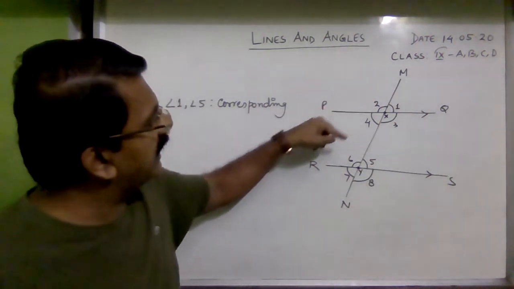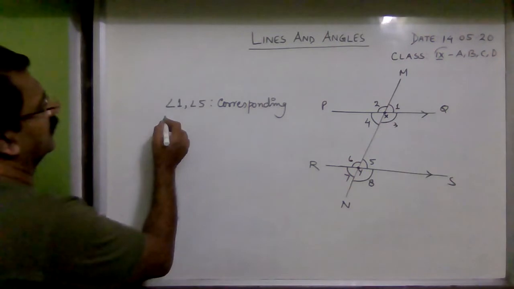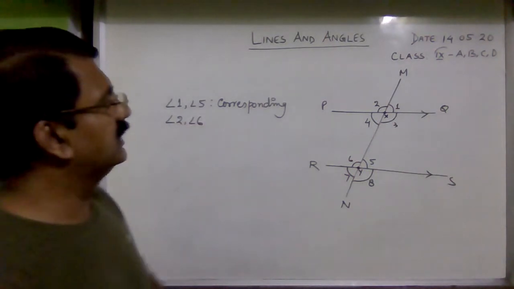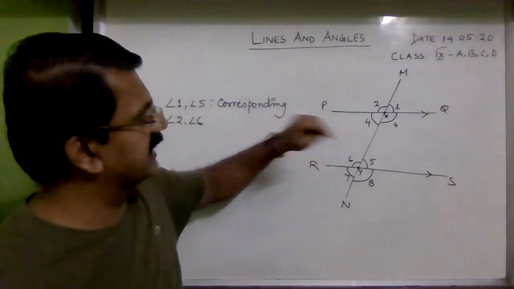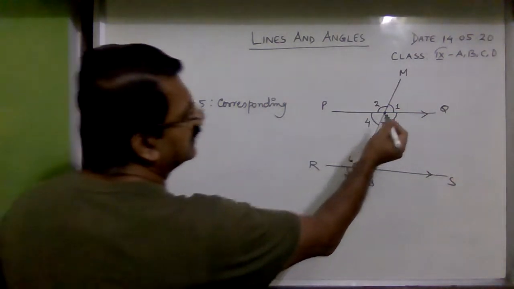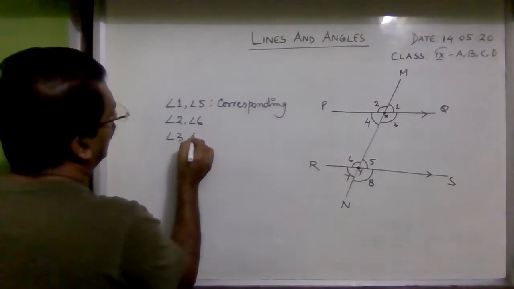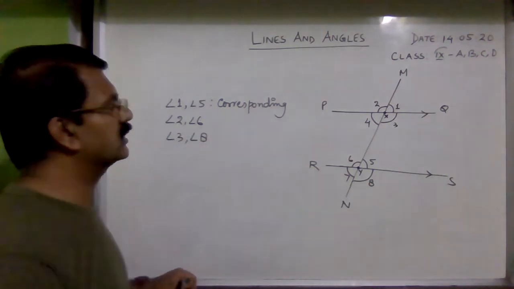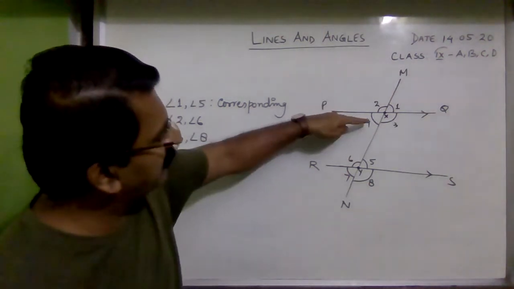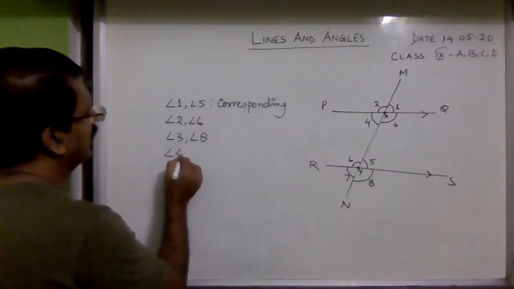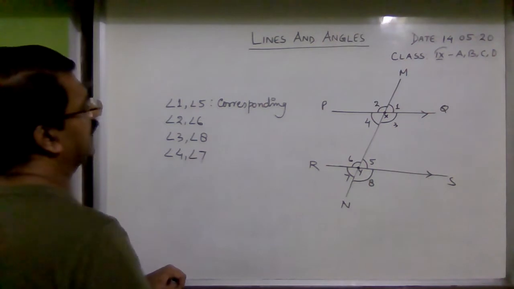Similarly, angle 2 and angle 6 are also corresponding. Angle 3 and angle 8 are also corresponding. And angle 4 and angle 7 are also corresponding.